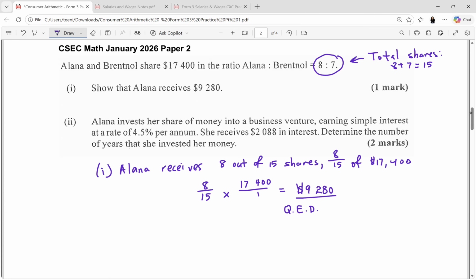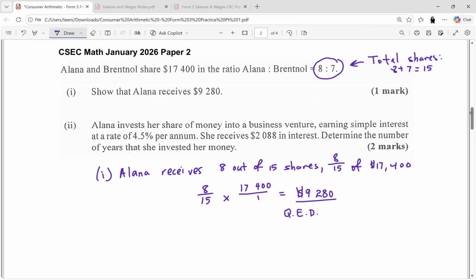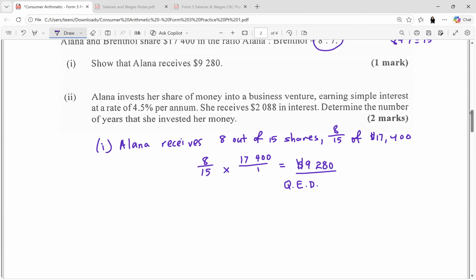Next is the next part of this question. It says Alana invests her share of money. So she's going to invest this 9,280 into a business venture, earning simple interest at a rate of 4.5% per annum. She receives $2,088 in interest. Determine the number of years that she invested her money.